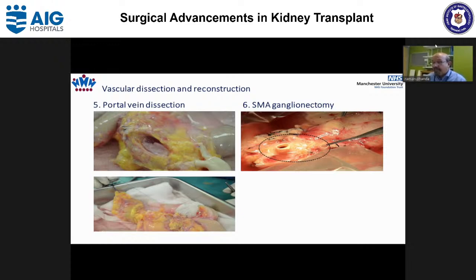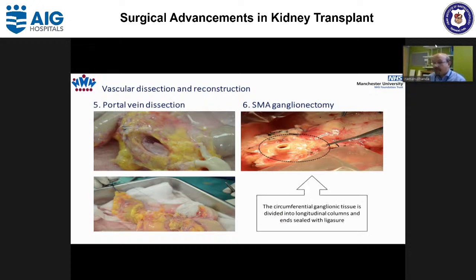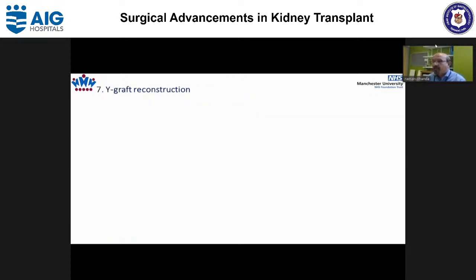So always try to carefully dissect this, making sure you don't damage the inferior pancreaticoduodenal artery or any other tributary, any other branch in the process. So once you've done this, you divide the circumferential ganglionic tissue into longitudinal columns so that it no longer exerts a constricting effect, and then you seal the end with ligature.